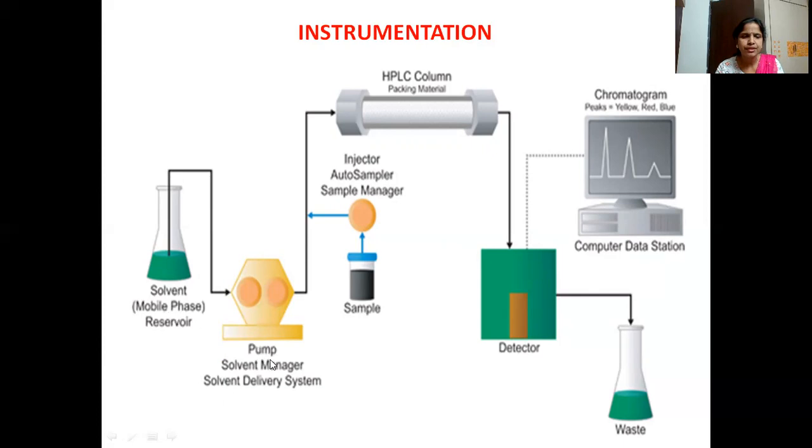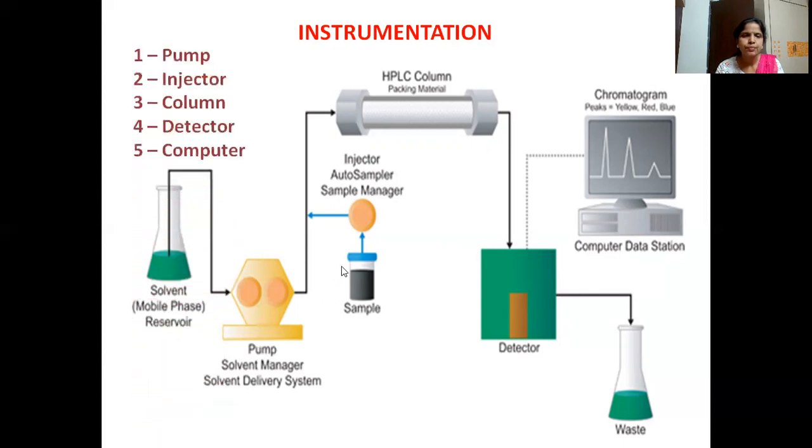We have a pump here which is the solvent delivery system, and before the solvent enters the column, we have a sample injector here. So the sample is injected before the solvent enters the column.